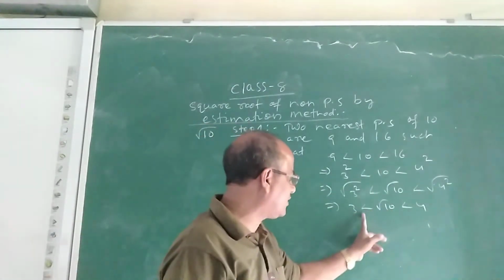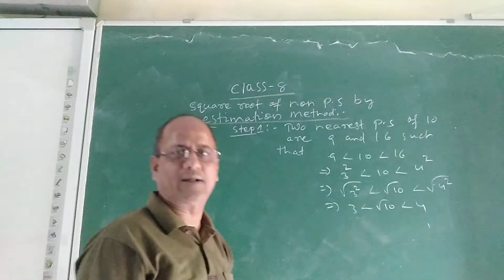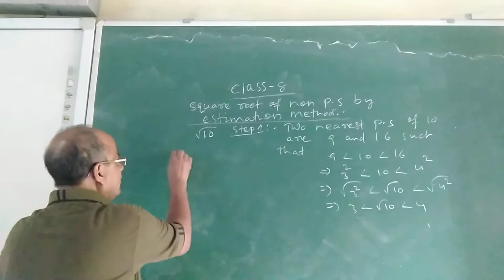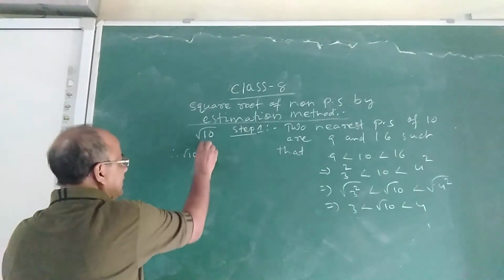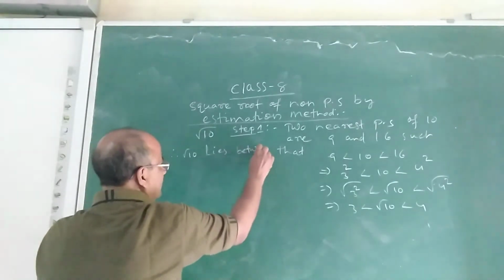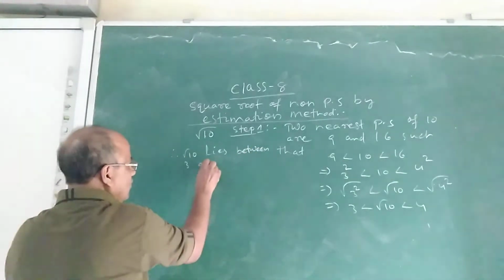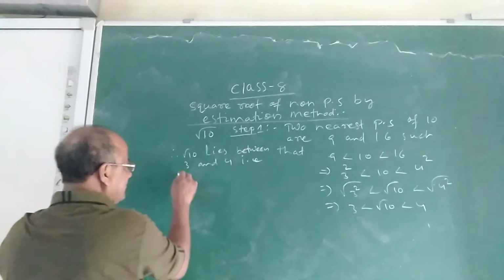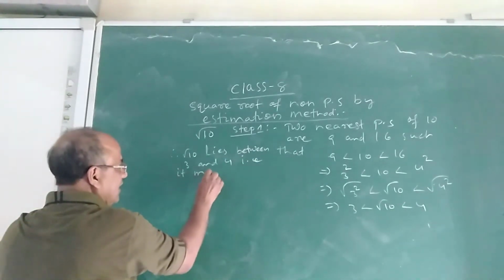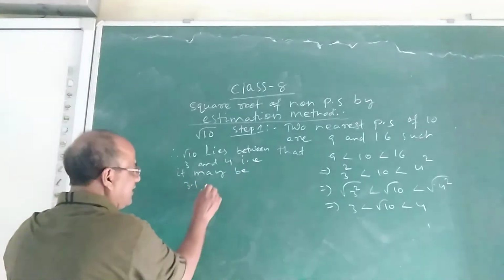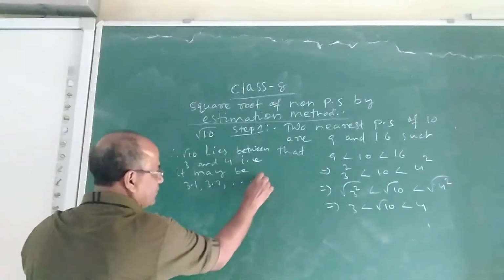Okay? So if the square root of 10 lies between 3 and 4, what does it mean? It means it may be 3.1, it may be any number, 3.1, 3.2 up to 3.9.